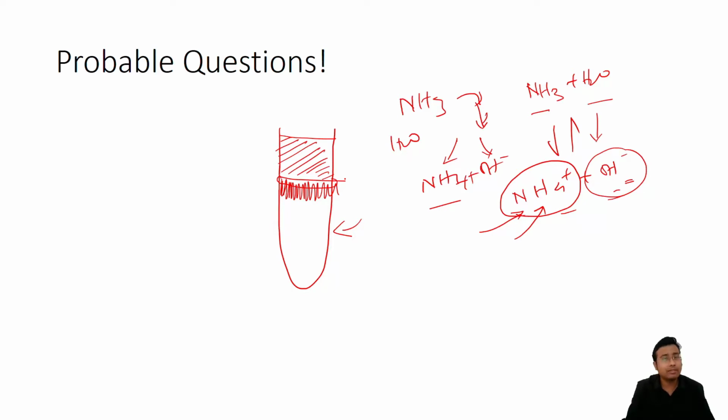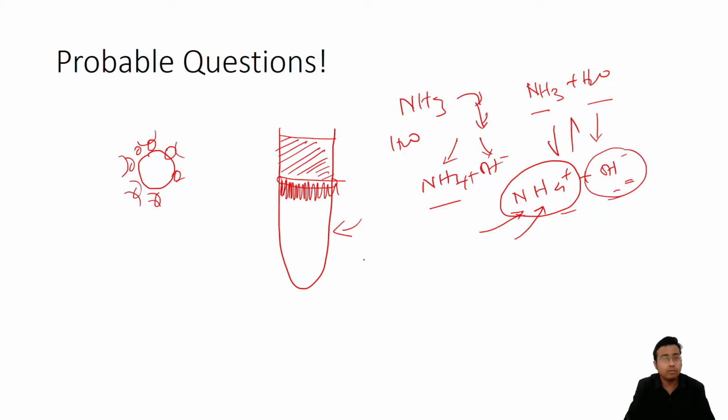Excess proteins, if present, will be salted out, because proteins are generally present in water because they have a water shell around them which helps them to dissolve. But ammonium or any salt utilizes this water.